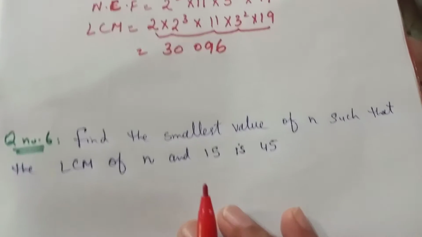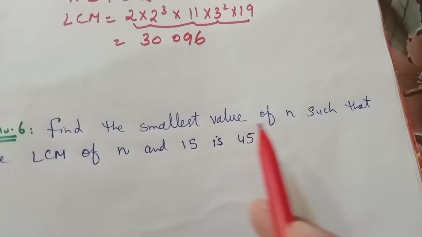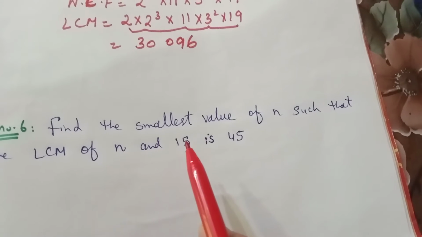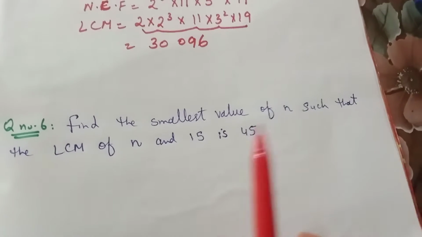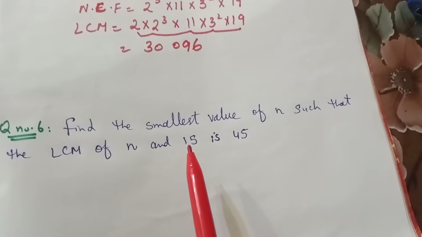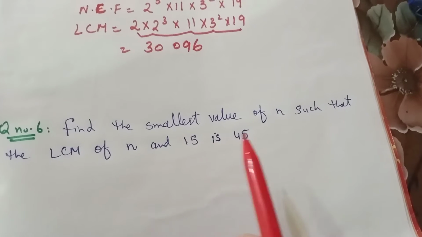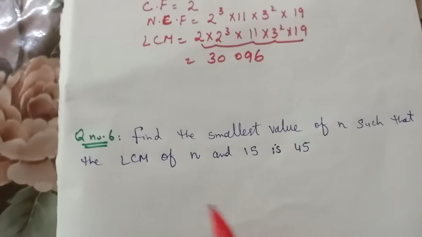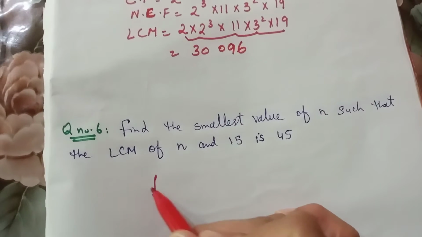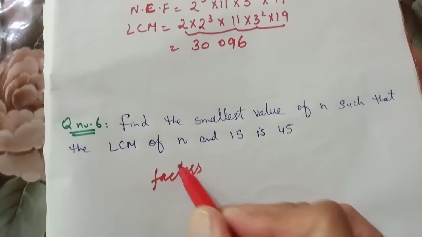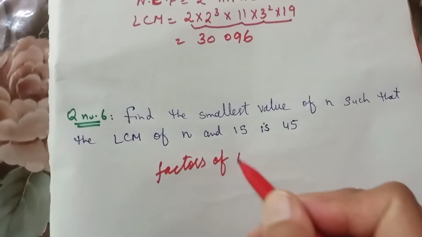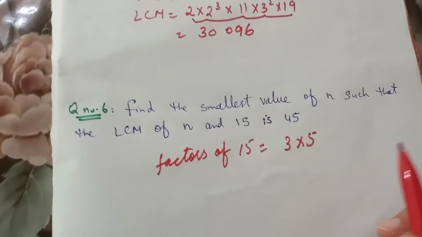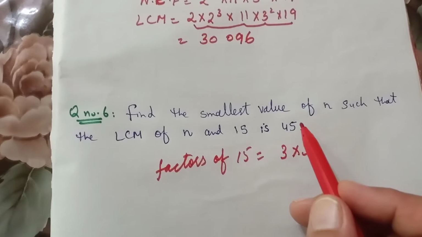The next question is find the smallest value of n such that LCM of n and 15 is 45. Now student, if LCM of any two numbers is 45 and one number is 15, we write the factors of 15 as 3 into 5. Now student, LCM is 45.